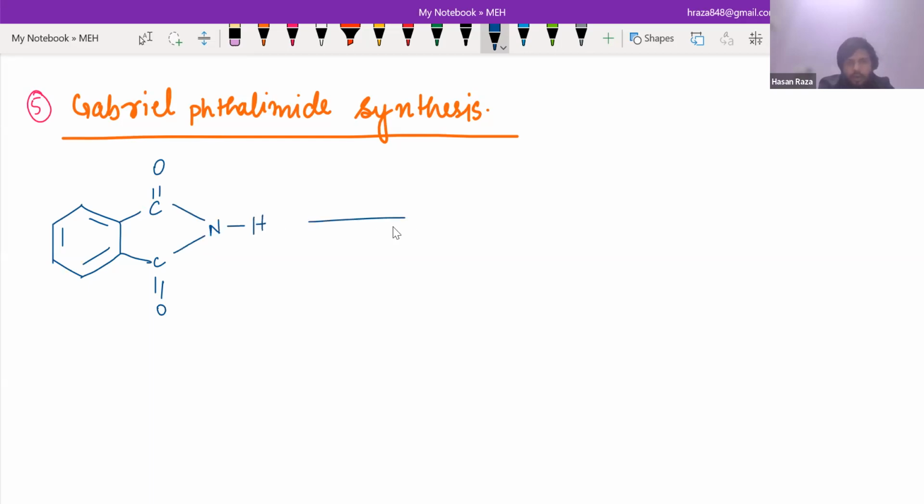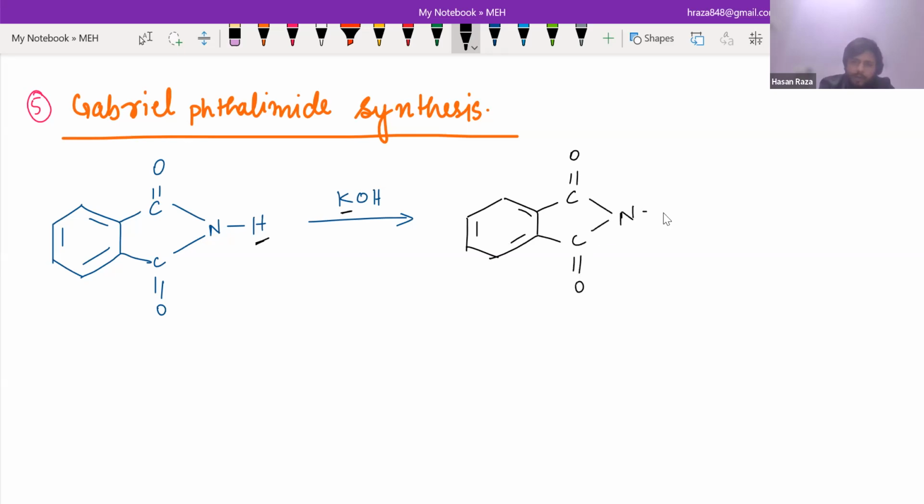And if you are going to react this with KOH, this hydrogen will be replaced by K. So what we will get? We will get this. All will be same, only this hydrogen will be replaced by K. And K is metal, so it is electropositive, and this is electronegative.